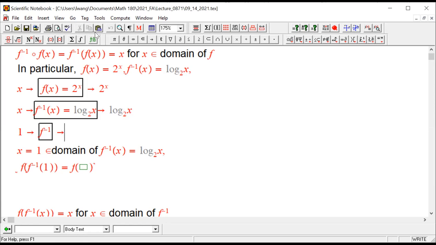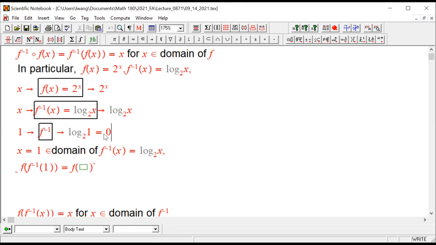You basically plug in, replacing X by 1. What is log base 2 of 1? I want to say 0. Yes, absolutely.